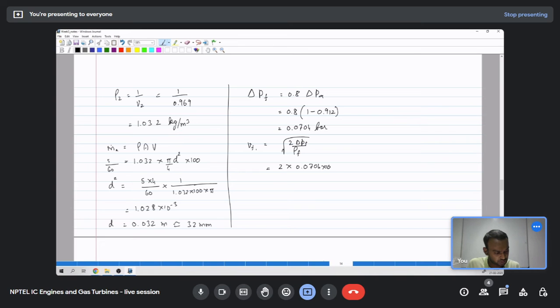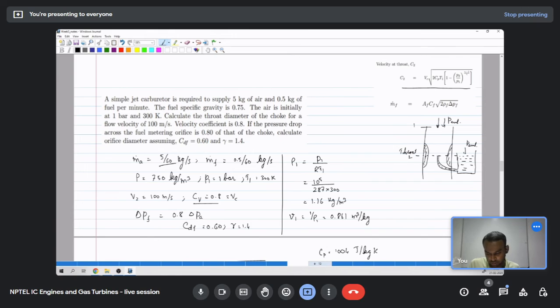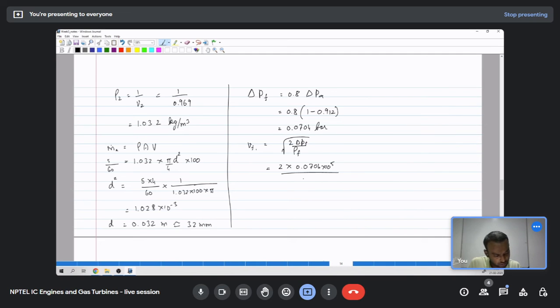Writing in SI units, I have 10 power 5, and density of the fuel is given. That is specific gravity is 0.75, so we have calculated this 750. This is 4.33 meter per second.